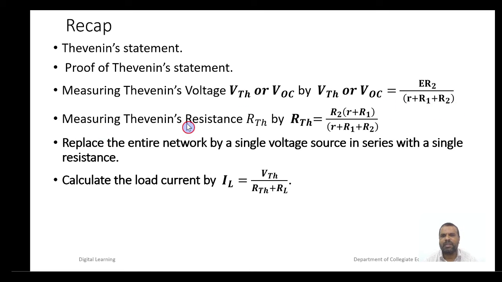Measuring Thevenin's resistance, RTH is equal to R2 into bracket R plus R1 divided by R plus R1 plus R2. Replace the entire network by a single voltage source in series with a single resistance. Calculate the load current IL is equal to VTH divided by RTH plus RL.